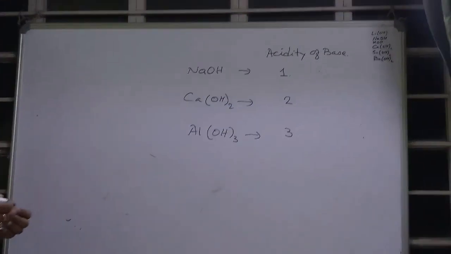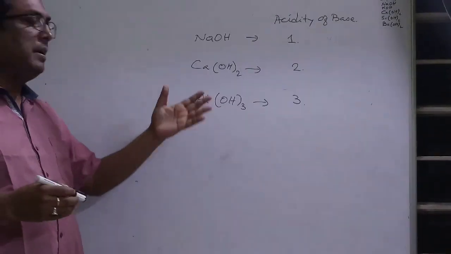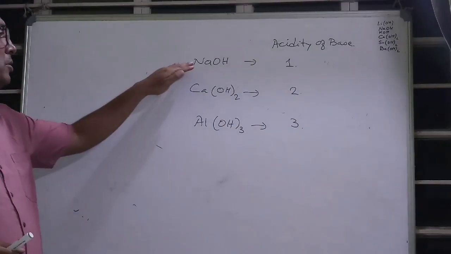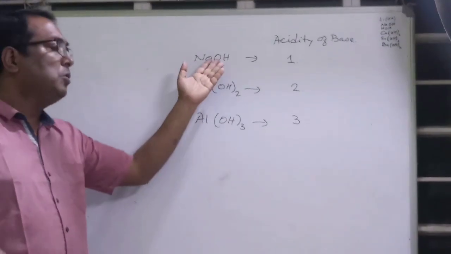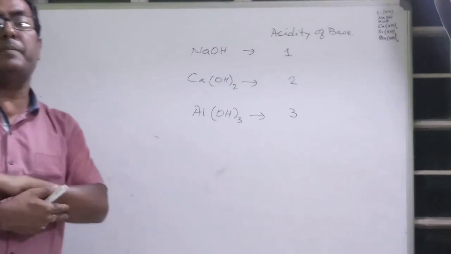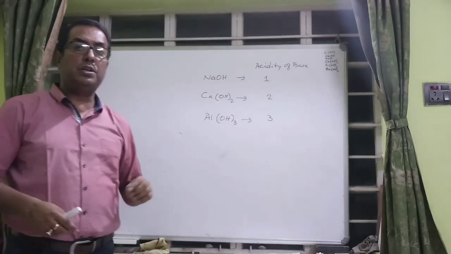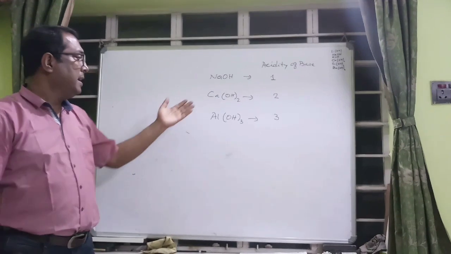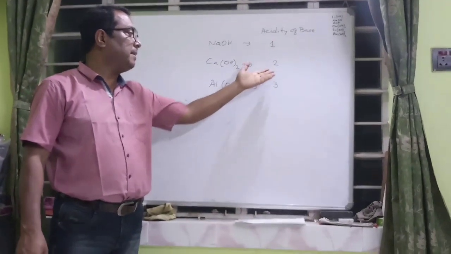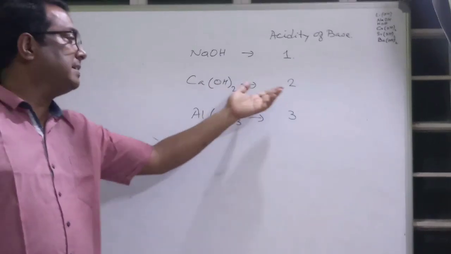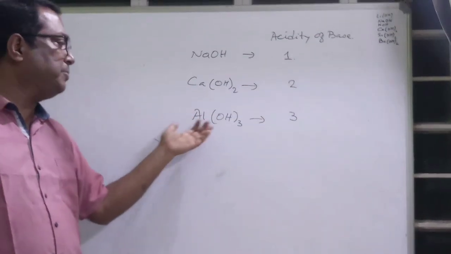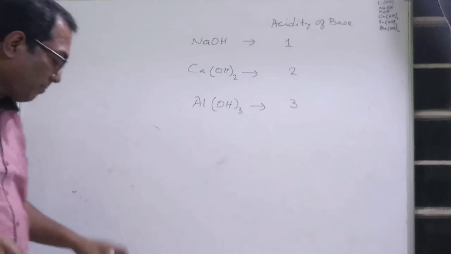So usually we go with 1, 2 or 3. You cannot get 4 here. So NaOH with one OH, when you add it in water, dissociates into an OH minus ion, only one OH minus ion from one molecule of that alkali. Calcium hydroxide similarly breaks up into 2 hydroxyl ions, and aluminum hydroxide into 3.